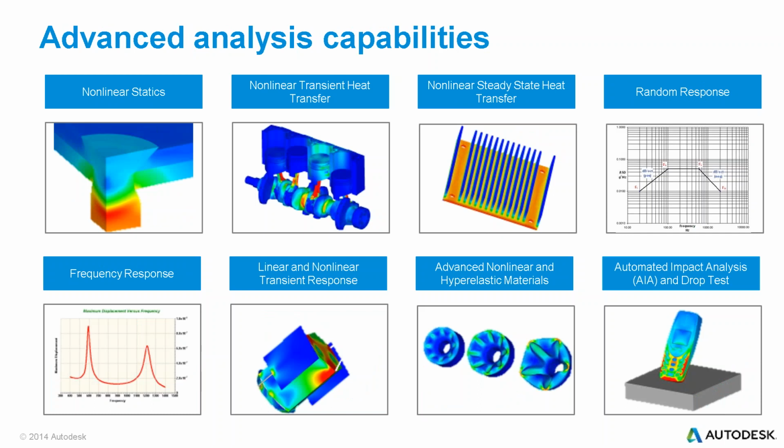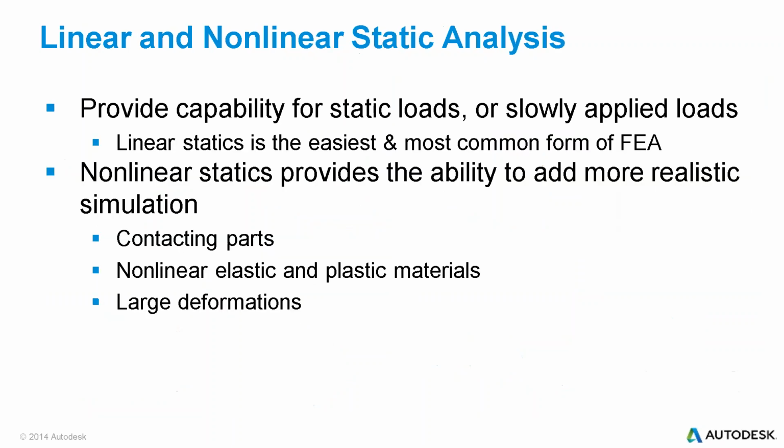You've got nonlinear transient heat transfers, random response, frequency response, and what a lot of people ask for is drop testing or impact analysis. That's also one of them. But as you see, there's a wide range of the different types of tests it can run. And again, all of this stays inside of Inventor.